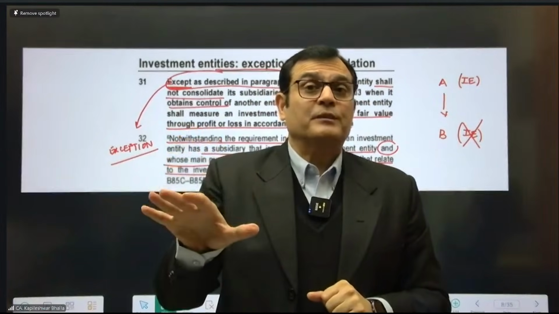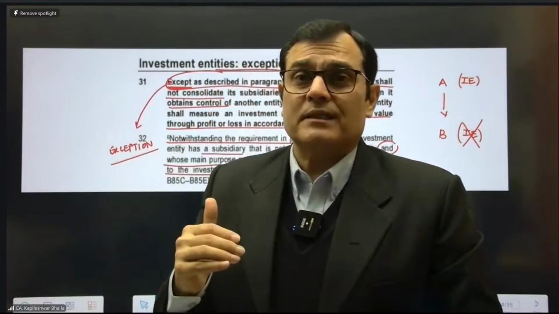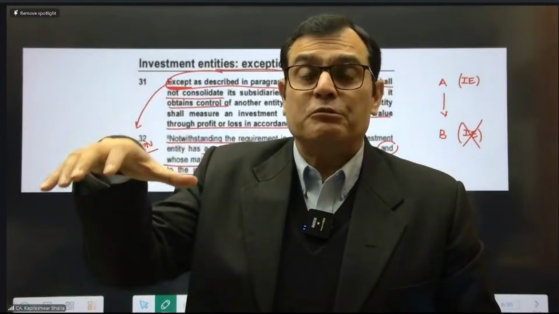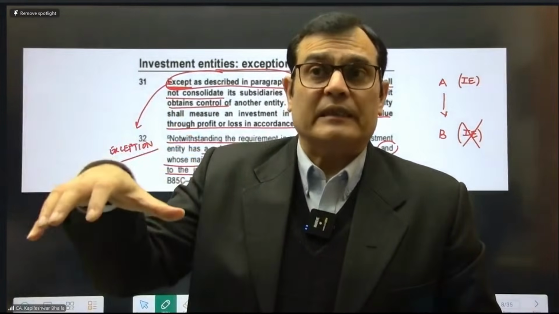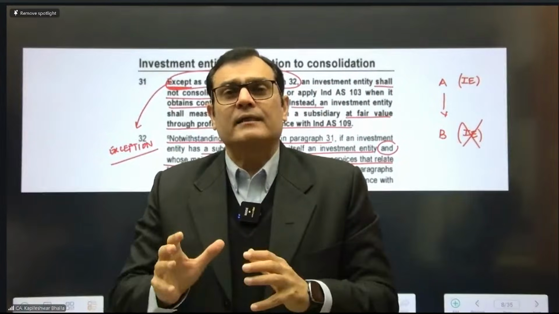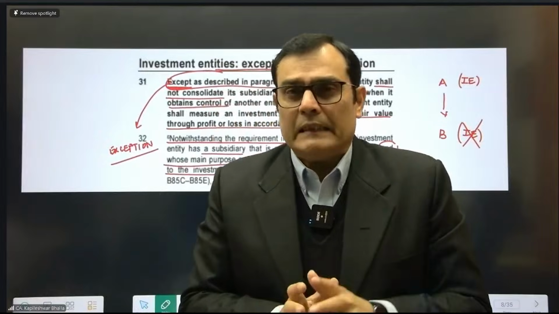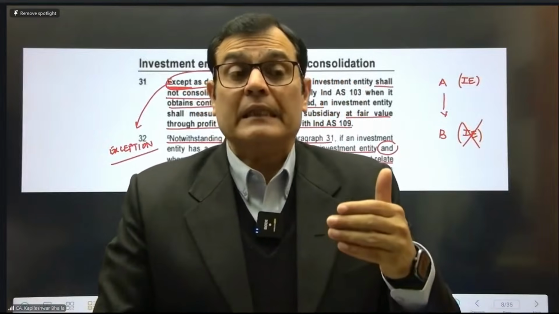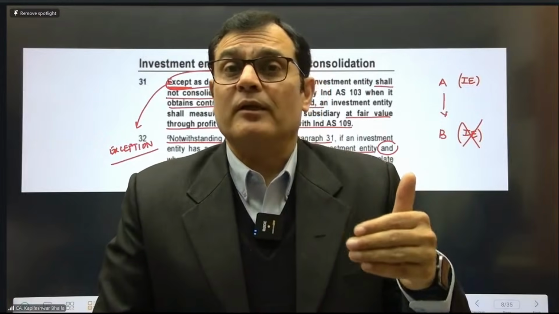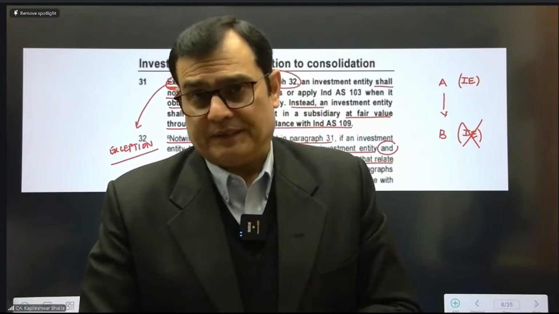Now, I'm not getting into what kind of parameters there are, but the standard setters had a very clear-cut thought process: if you want to give an exemption to a company not to consolidate, we need some very strict parameters. Because if you look at Accounting Standard 21, companies were avoiding consolidation where their subsidiaries were loss-making, on the ground that it's a temporary investment.